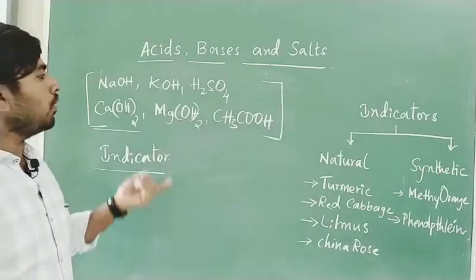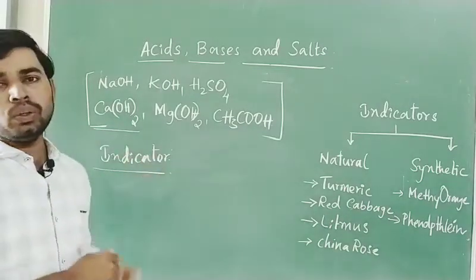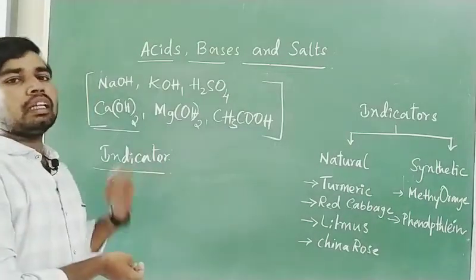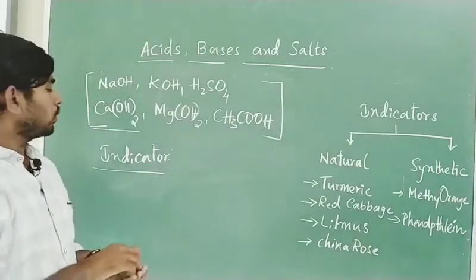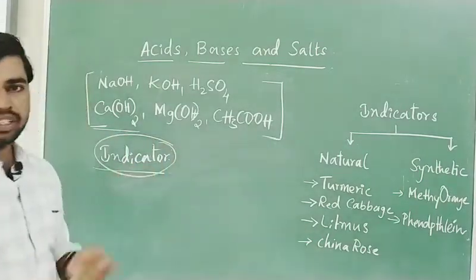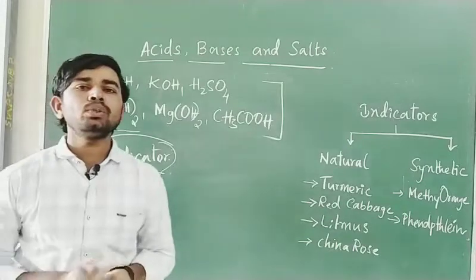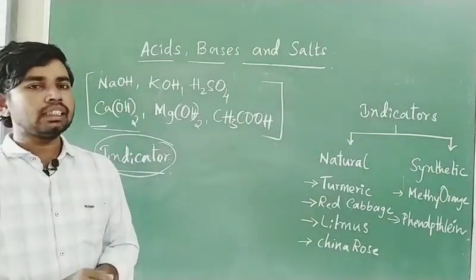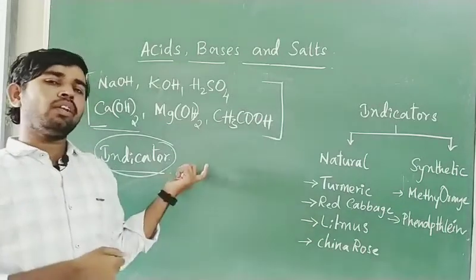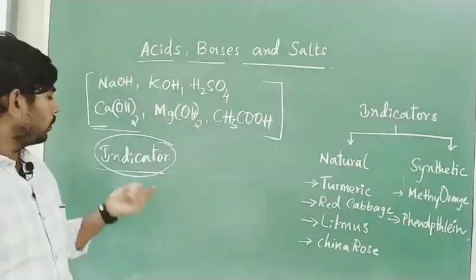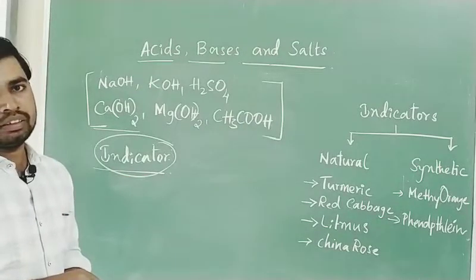The special kind of substance which is used to identify acids and bases by seeing the color, that we are going to call indicators. Remember the indicator definition: the substance which is used to verify acids and bases. How are we going to identify them? By seeing the change in the color, that we are going to call an indicator.